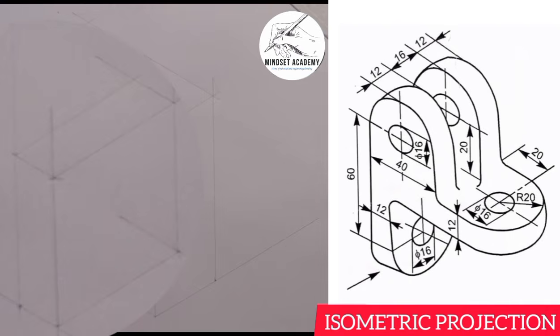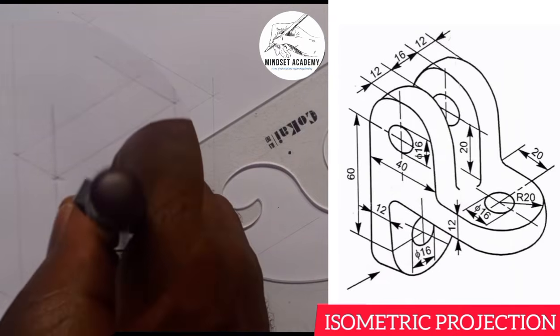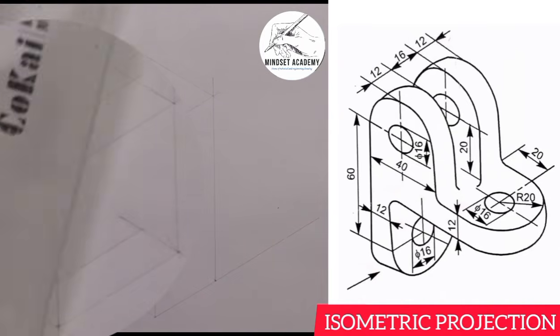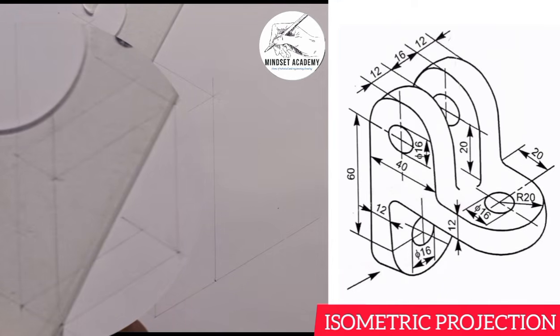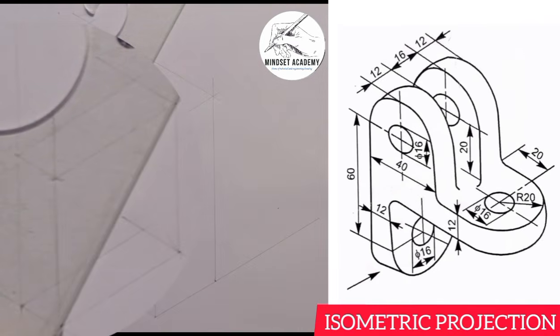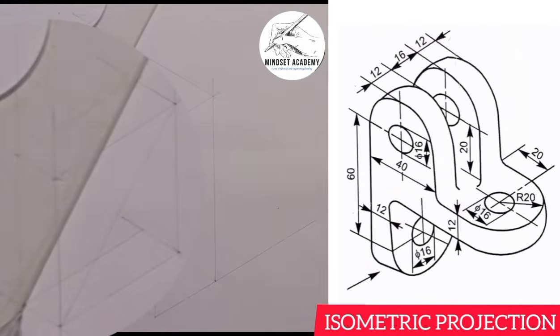So aside that you do the same thing. You join diagonals. Let me first of all complete this. So if I should join this diagonal here, this way, I'll also join this diagonal too, this way. Can you see that?